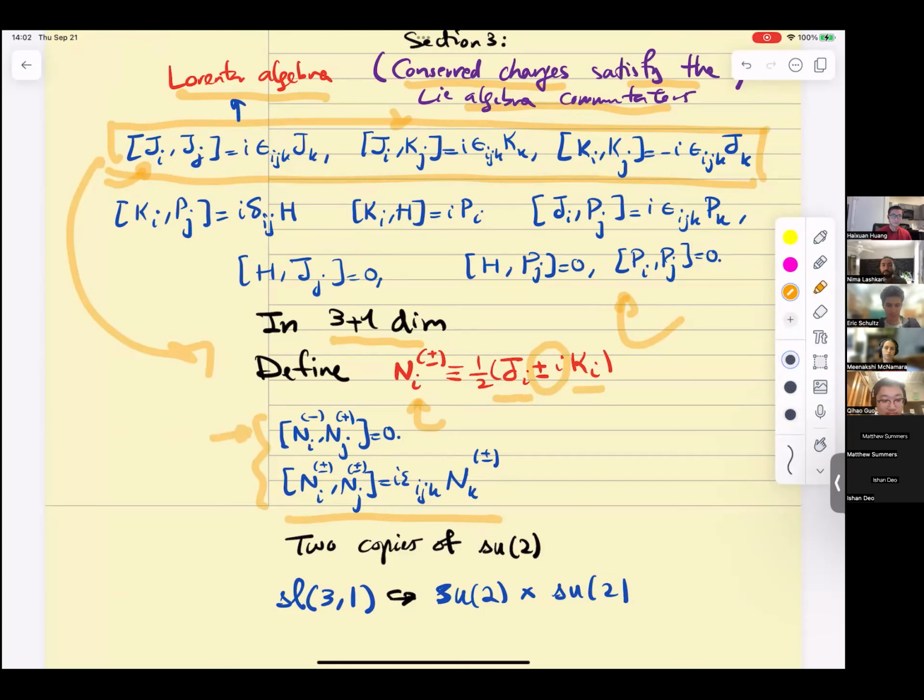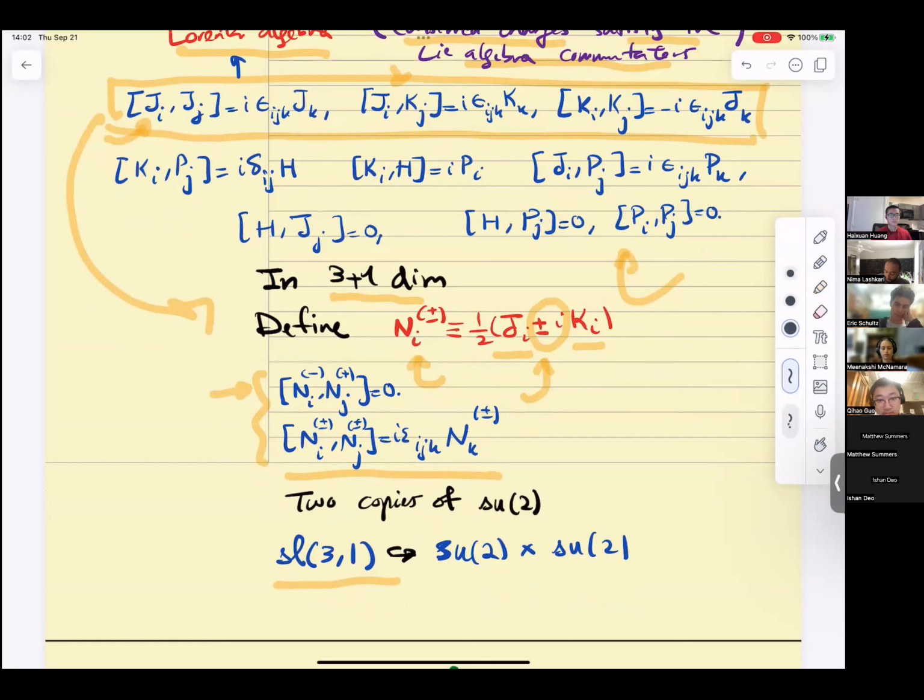So what did we learn? We learned that the Lie algebra of Lorentz transformations could sit inside SU2 cross SU2. When I say sit inside, it's because this operation of plus minus i is called complexification in math. So if you want to write an identity, you put some complexification.